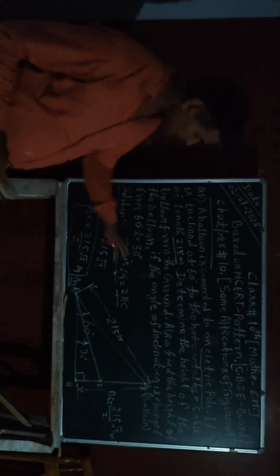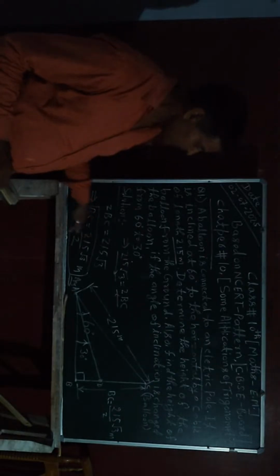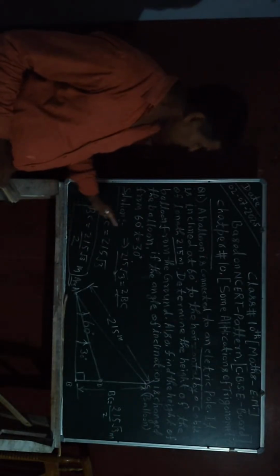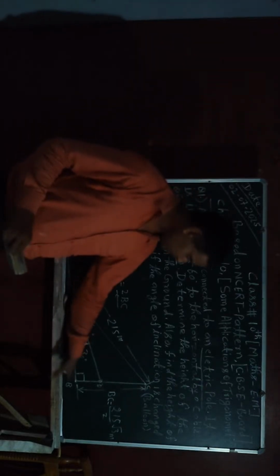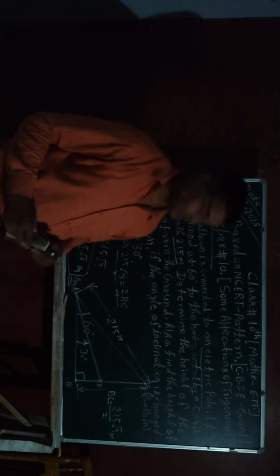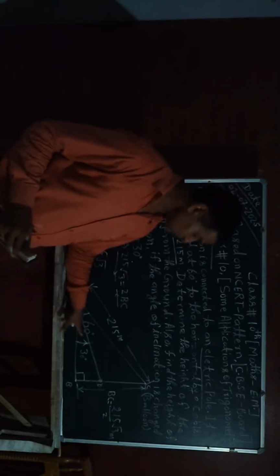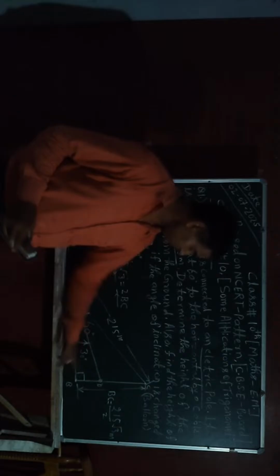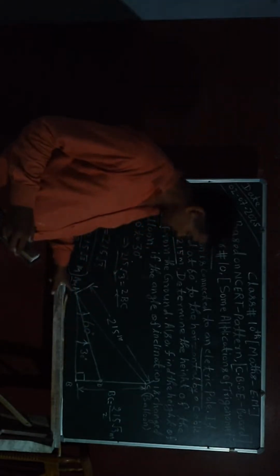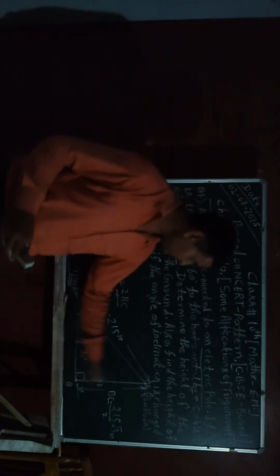Now further I will erase it, and then I will consider right angle triangle ABD, and then I will use here the trigonometrical ratio, that is tan theta ratio. So tan theta is also known as perpendicular divided by base. But first of all I will get the length AB by considering right angle triangle ABC.